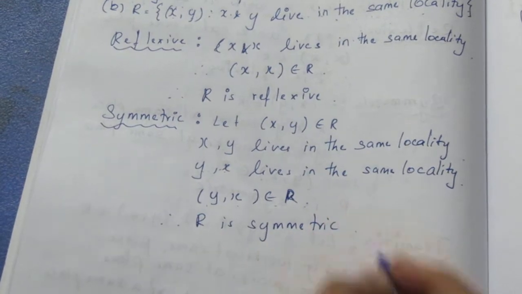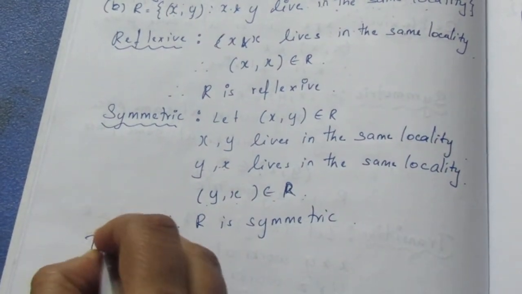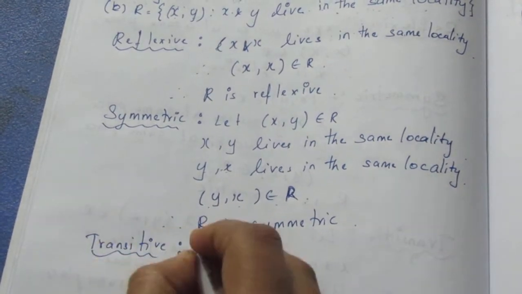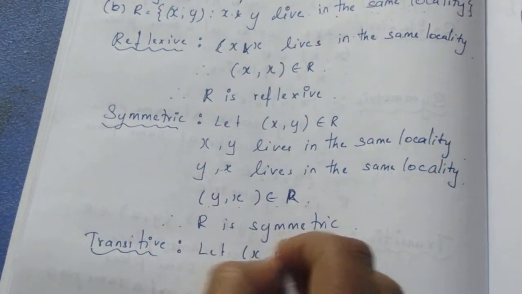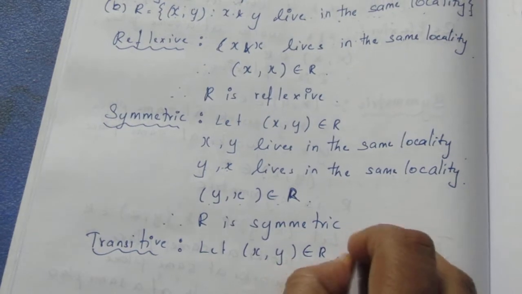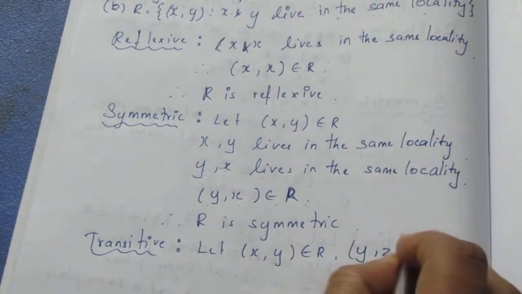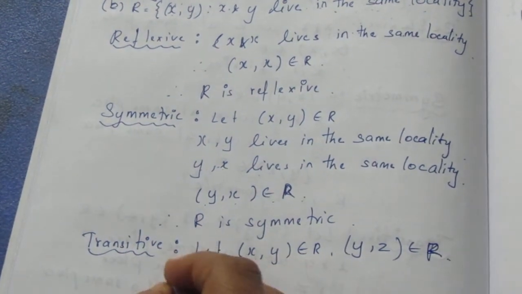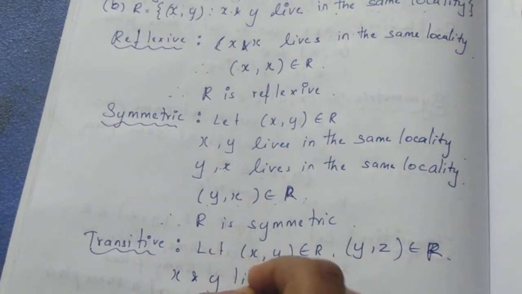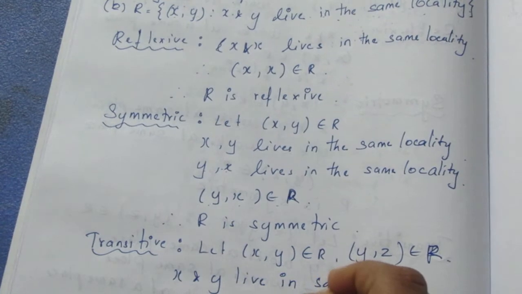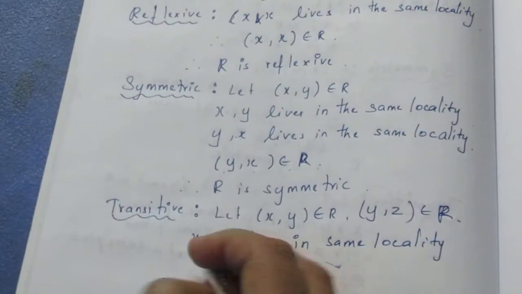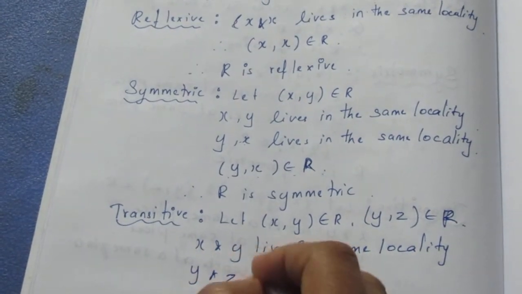Now we'll move on to transitive. For transitive, let (x, y) belong to R, and in the same way (y, z) belong to R. This tells you that x and y live in the same locality, and in the same way y and z live in the same locality.